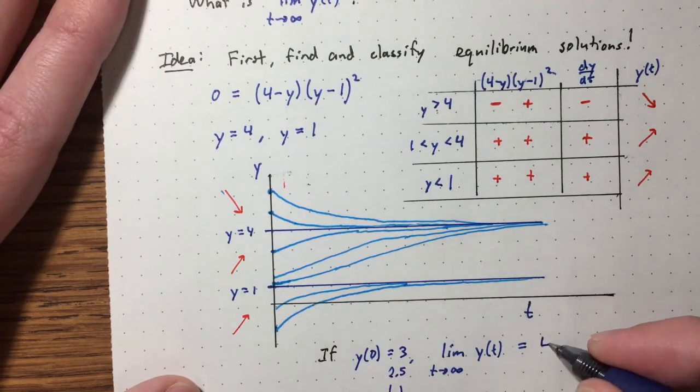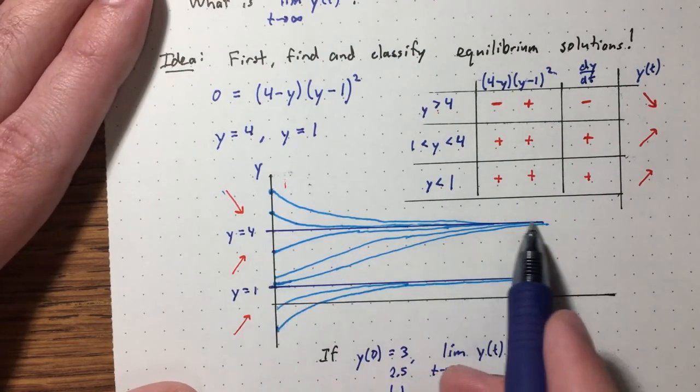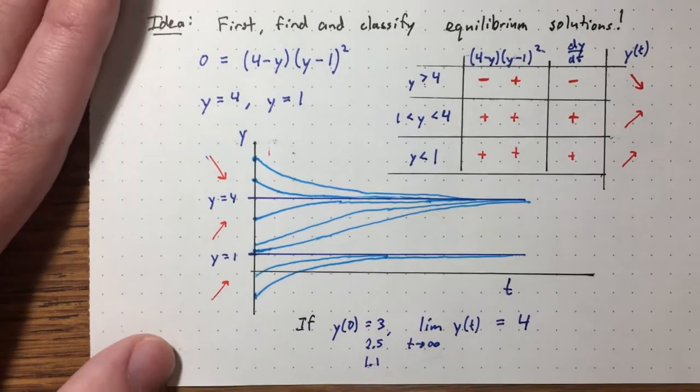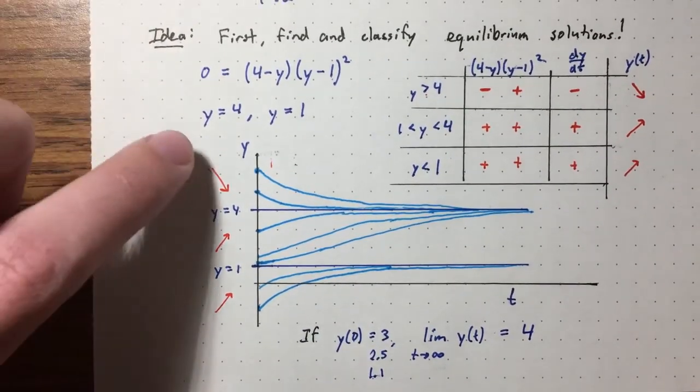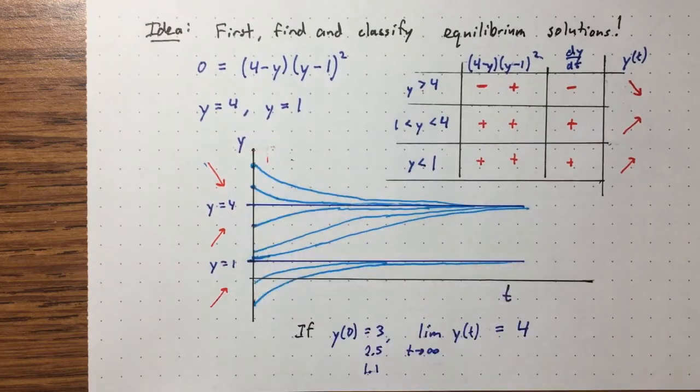The limit is always going to be 4, as it will increase to this equilibrium solution, which is y equals 4. So the equilibrium solutions really sort of dictate the behavior of all the other solutions to autonomous differential equations. It's really the key to studying autonomous differential equations.